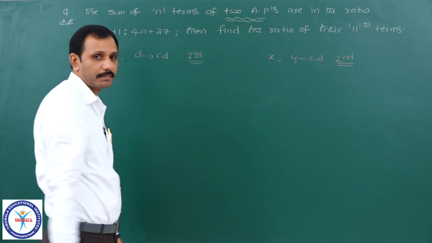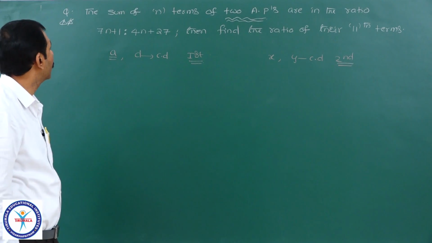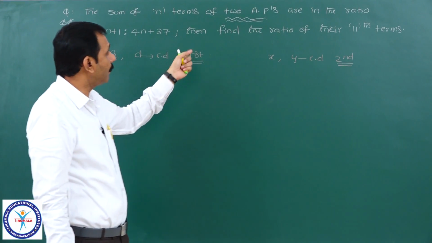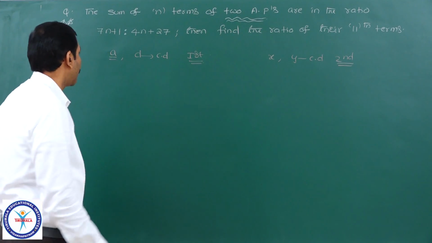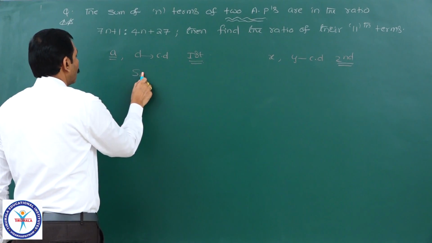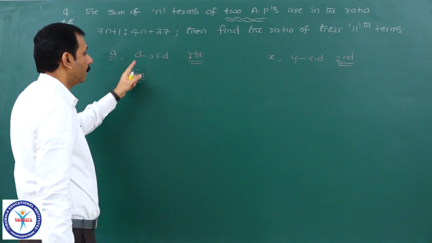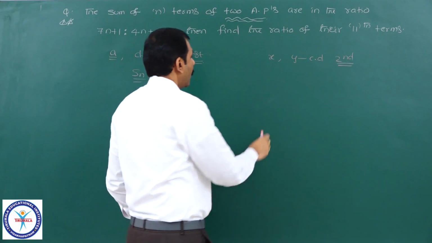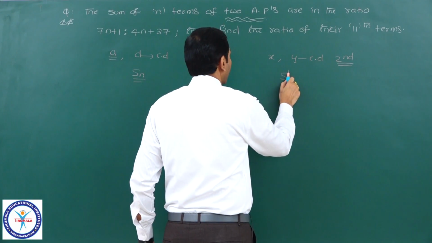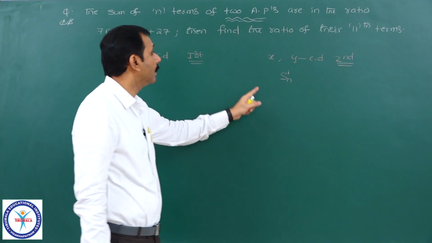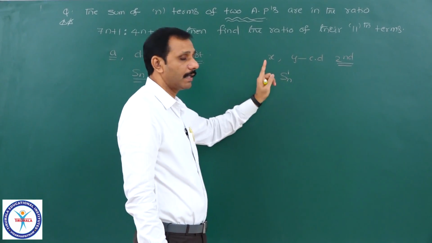Let Sn denote the sum of the first n terms of the first AP and Sn dash denote the sum of n terms of the second AP.